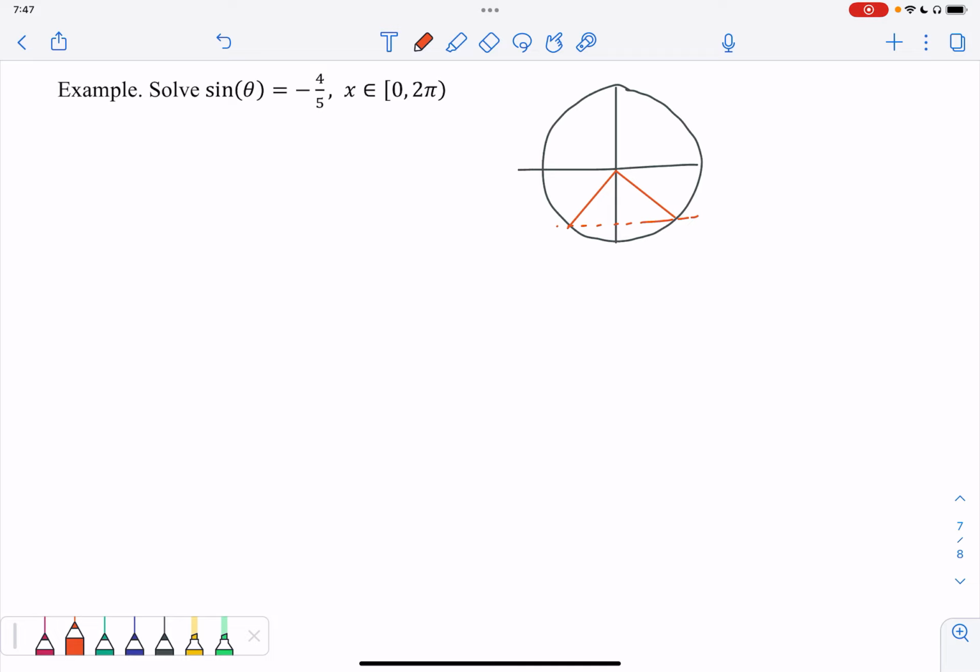Now, if I have to use sine inverse because I don't know what angles those are, let's do that. So what does sine inverse do? It says, I'm only allowed to spit things out between negative pi over 2 and pi over 2. That's okay, it's limited in what it can do, but it's still enough for what we need to do.